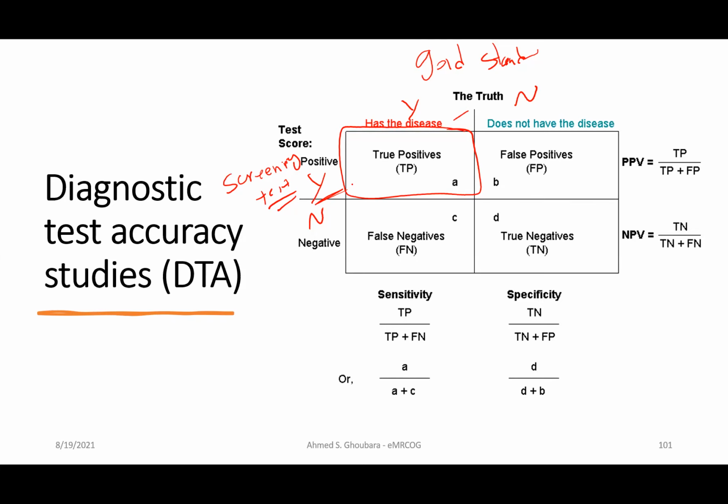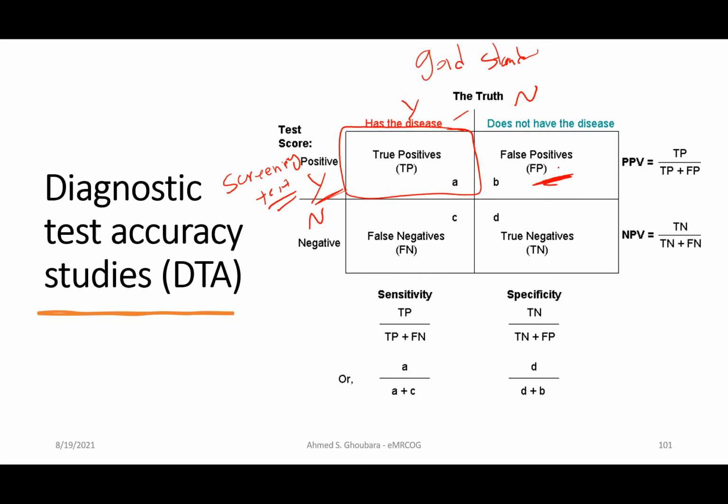The ultrasound said this is a positive lady for endometrial pathology, but the histopathology said there is no actual disease. So we made a false positive result, because the screening was positive but this wasn't a correct positive result.